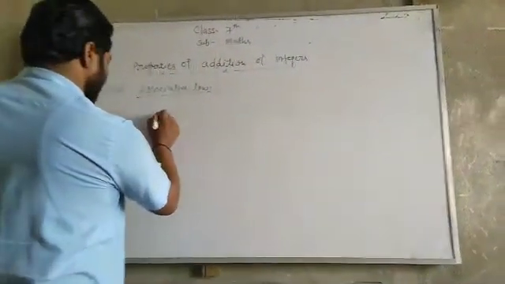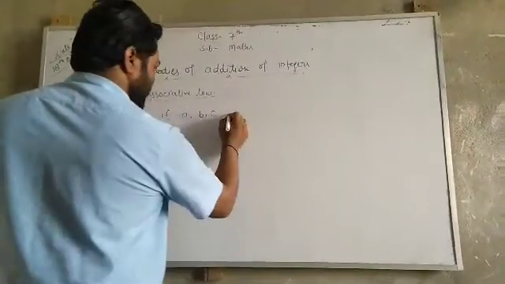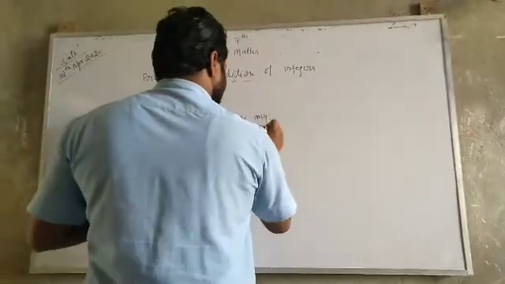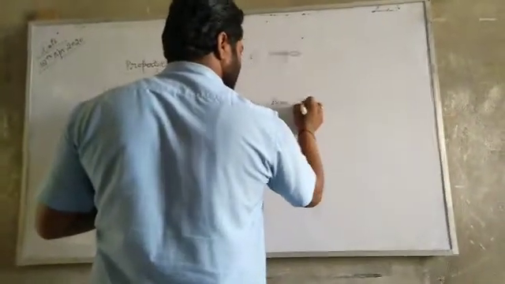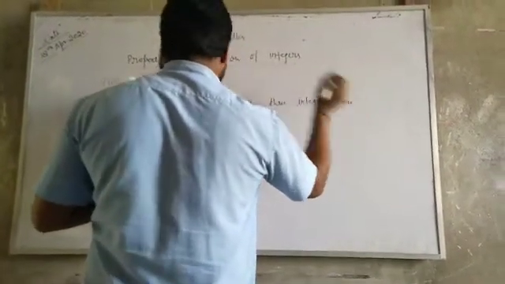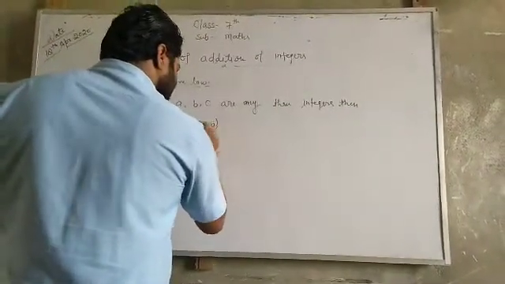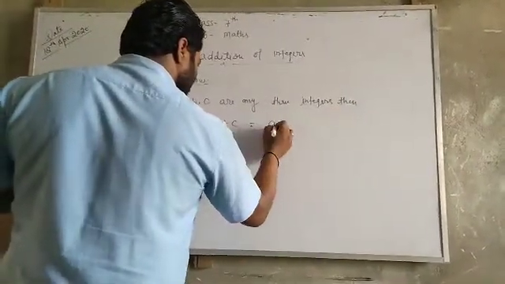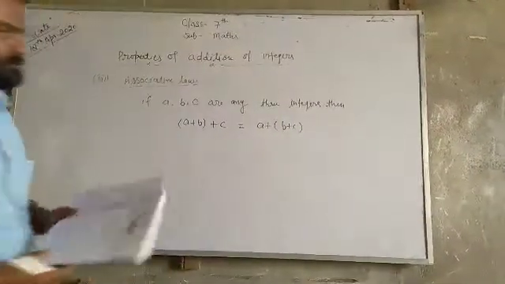In this law, if A, B and C are any integers, any three integers, then (A plus B) plus C equals A plus (B plus C).